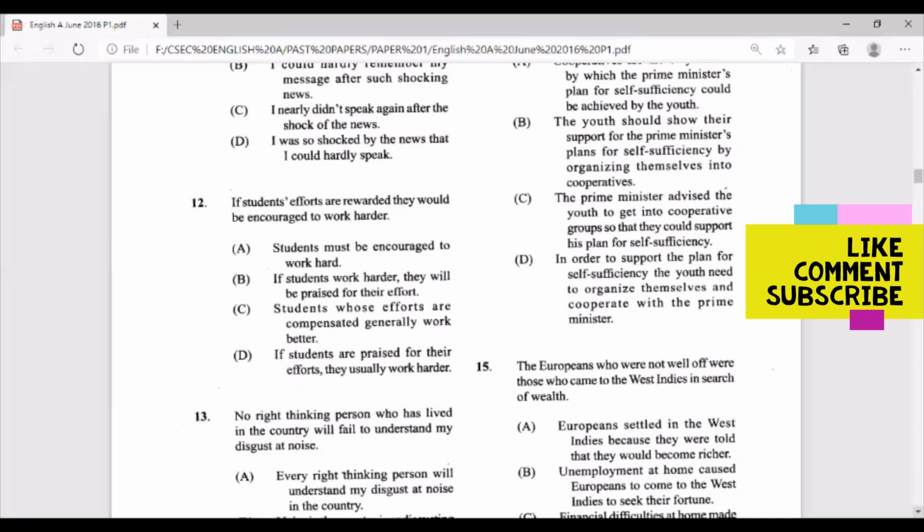And I like this one more than C, especially because compensated, I didn't too like that word. So we're rewarding them, we're praising them. I'm going with D, and so they will usually work harder. And yes, the work better is a little bit off as well in C. So let's stick with D as our answer.